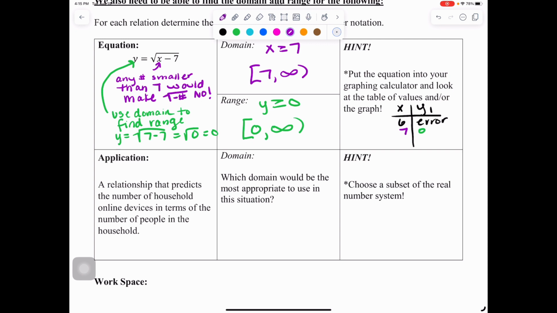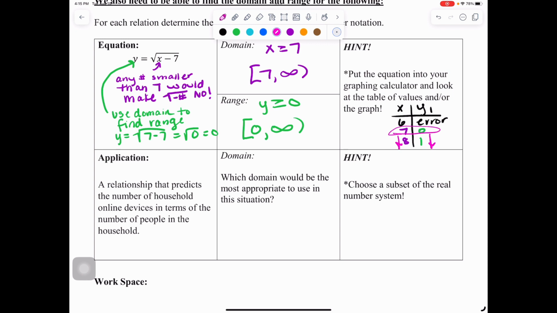We run into 8 with 1. And you can see from this point and up, we are okay. So that would help us see that x has to be greater than or equal to 7 and y has to be greater than or equal to 0. And we can use that instead of the reasoning with the equation.